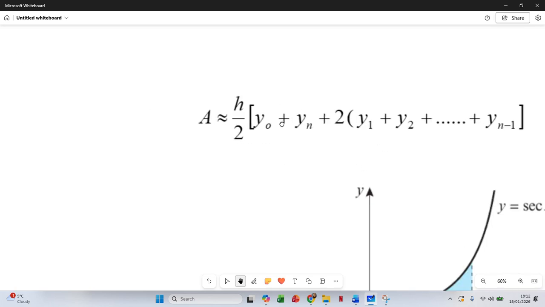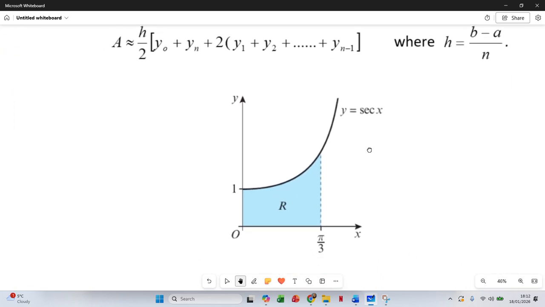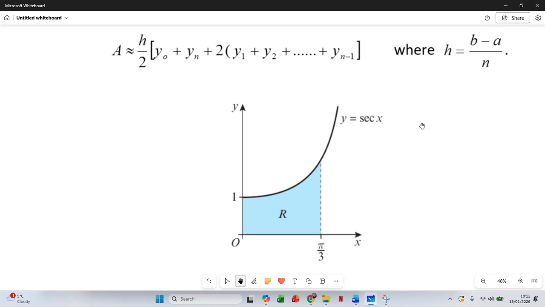So I'm just going to show you this, and hopefully it will make a little more sense. Looking at this curve here, the idea is that we are splitting that curve into trapeziums like so.